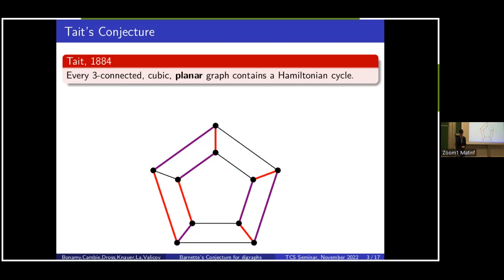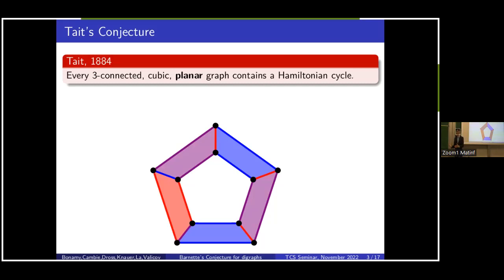And now I can do the same by removing the blue edges and coloring the interior of these cycles red, let's say. And I can overlap these two colorings and say that a face with both colors red and blue will be colored purple. And I'll let you convince yourself that this actually gives us a proper face coloring of this graph.